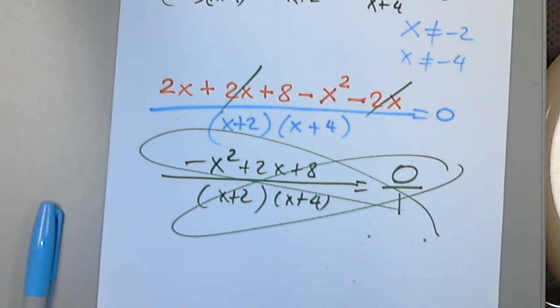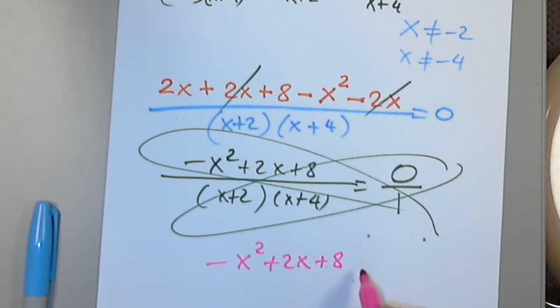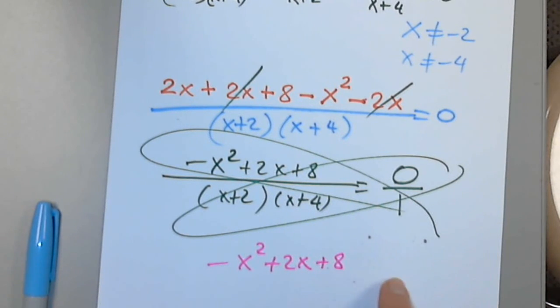Next step. Just the numerator. Last one. Equals 0. That's it. If I forget to write =0, I will never solve.